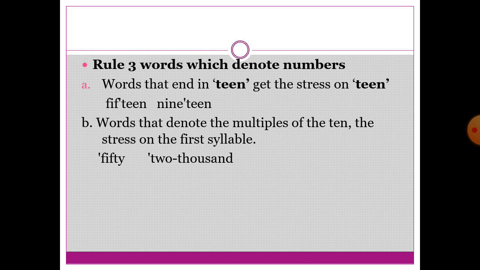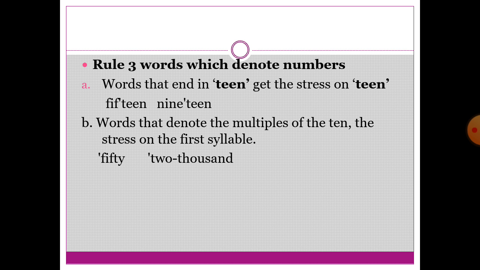And in compound words, when they are compound nouns, the stress will be on the first part. In case of compound adjectives and words ending with ever, self and selves, the stress will be on the second part of the word.